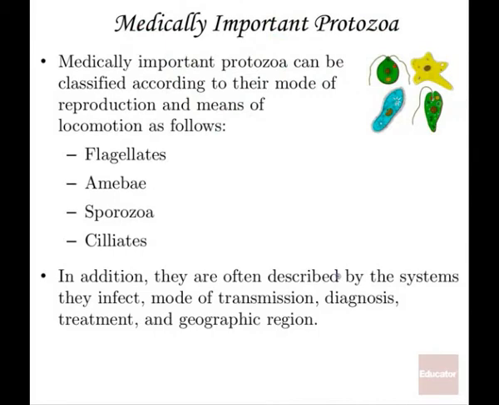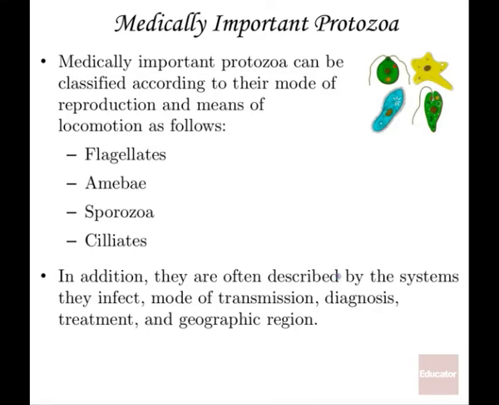Now, the medically important protozoa, which are the ones that we're going to focus on, can be classified according to their mode of reproduction and their means of locomotion. There are 4 classes: Flagellates, Amoeba, Sporozoa, and Ciliates. And now these are the general ways in which protozoa that are important for medical diseases are classified.